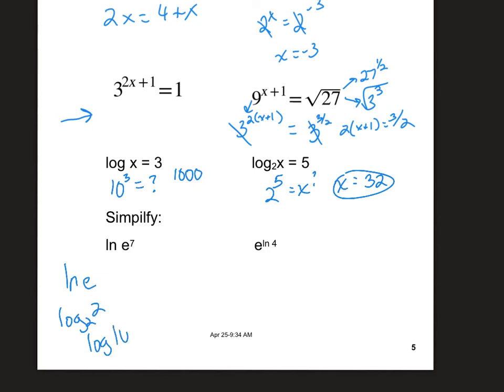So any of these kind of examples, they basically cancel each other out because they're inverse operations, right? What number do I have to raise e to get e? What number do I have to raise 2 to get 2? So when you simplify things that look like this, you can actually just cross those out if they're the same, and my answer is the exponent. I cancel this out, and my answer is the 4. And we're going to get more into that later with the properties, but I just wanted to give you a heads up.